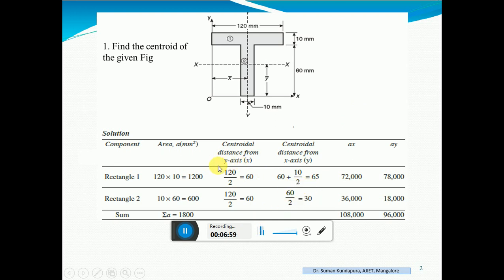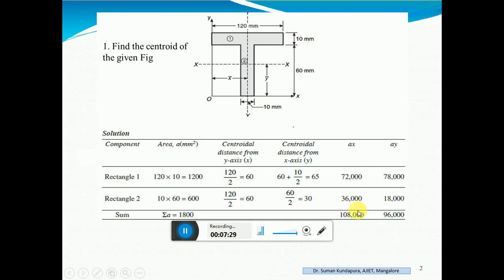So, the next step is simple, that is you are supposed to find out the moment of area for x and the moment of area for y, that is area into x. 1200 into 60 is 72,000, 600 into 60 is 36,000. Likewise, area into y, that is 1200 into 65 is 78,000, 600 into 30 is 18,000.